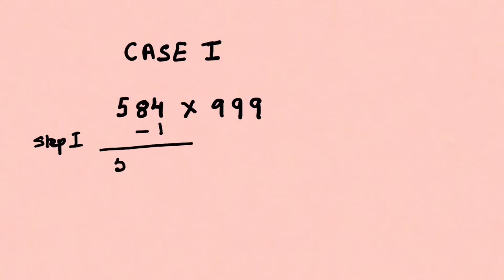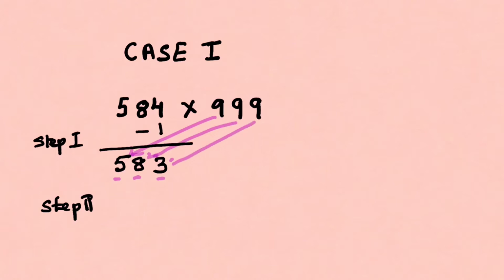We get 583. Now what will we do in step 2? Step 2, we will subtract this 5 from 9, this 8 from this 9, and this 3 from this 9. And when we do that, what do we get?